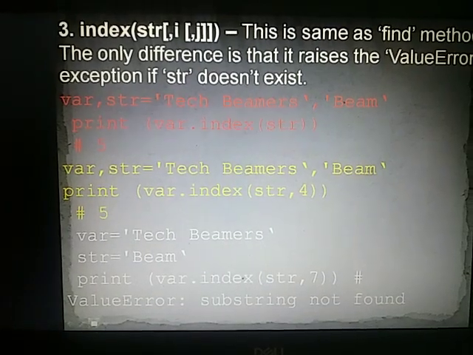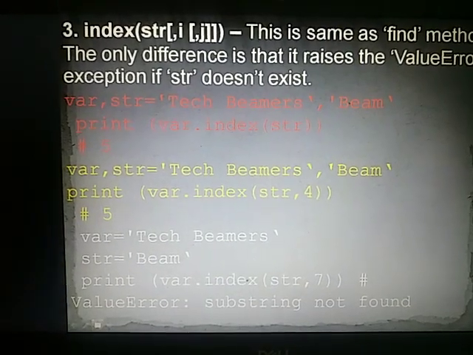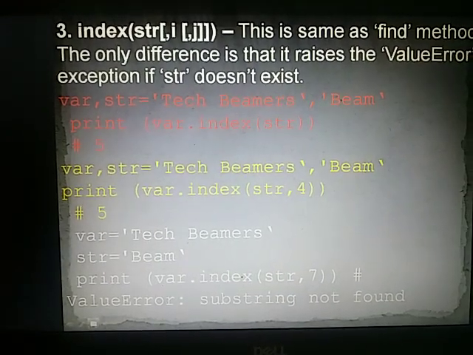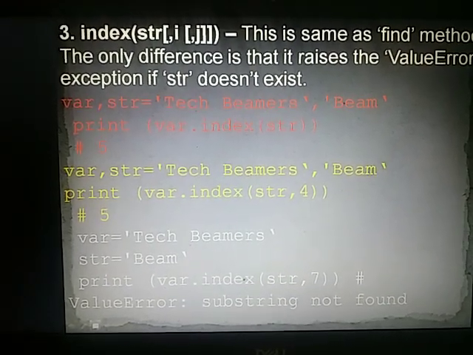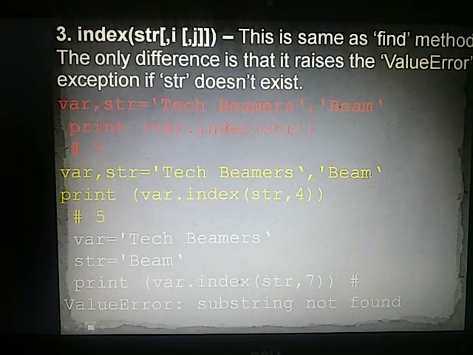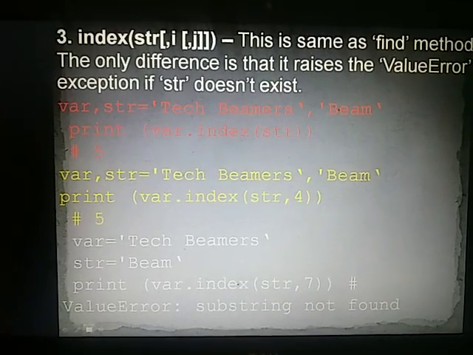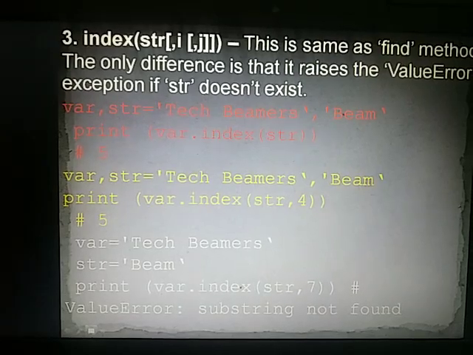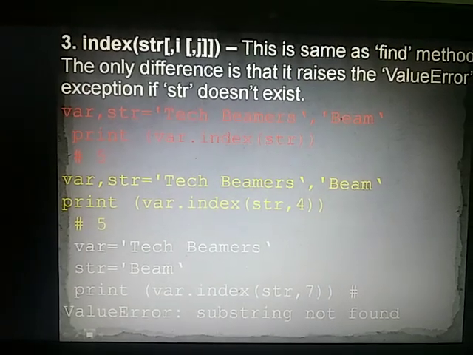Important difference: find will return us a -1 value when a substring is not present in the string, while index will return an error message. Which error message? ValueError, when the substring is not present in the string.